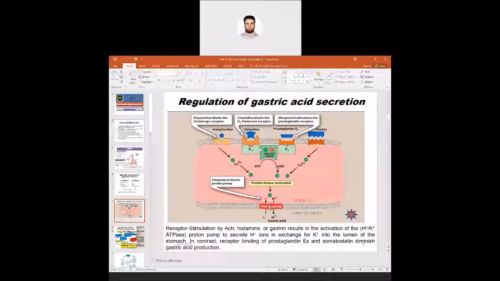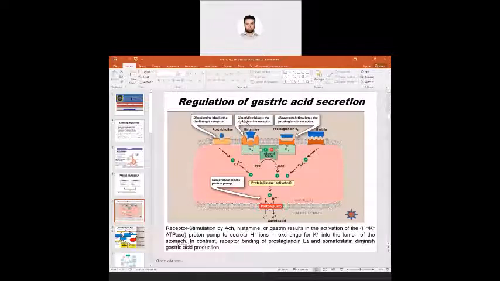So acid reducing agents can be anticholinergic, antimuscarinic agents, and can also be antihistaminic agents specifically and selectively against H2 receptors like cimetidine, ranitidine, nizatidine, and famotidine.